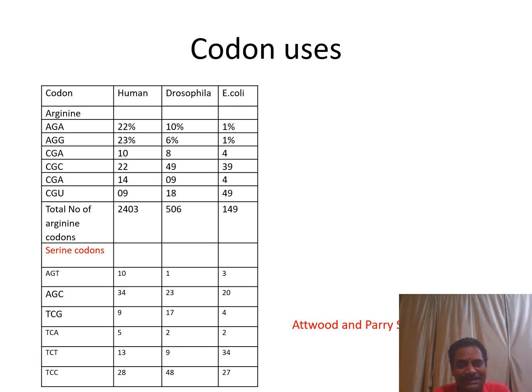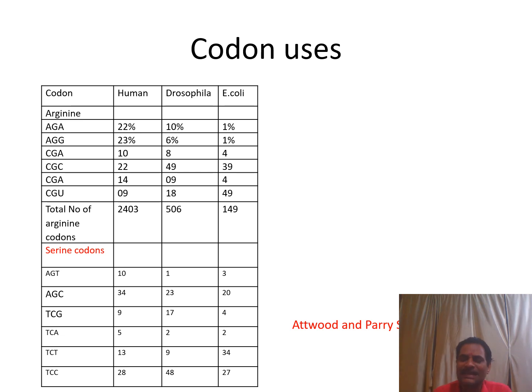Due to scarcity of this tRNA, the rate of translation will slow, or sometimes, due to much delayed translation, it may get aborted, so you will get truncated protein. So now what is the solution? This is a problem when we produce human protein in E. coli: E. coli faces this effect of codon biasness, and your protein production is less.